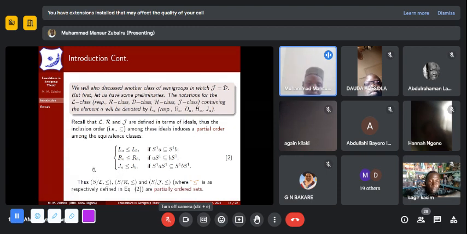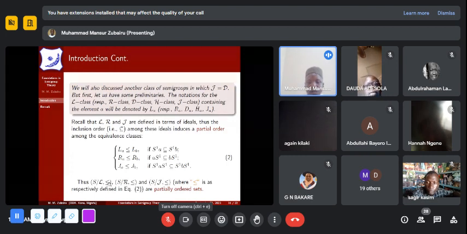Thus S/L, that is this set, is partially ordered, and likewise S/R with respect to this set. We can look at it like a quotient set, but because L is not a congruence, you don't look at this as a semigroup. It's not necessarily a semigroup. They are just quotient sets induced by these orders.